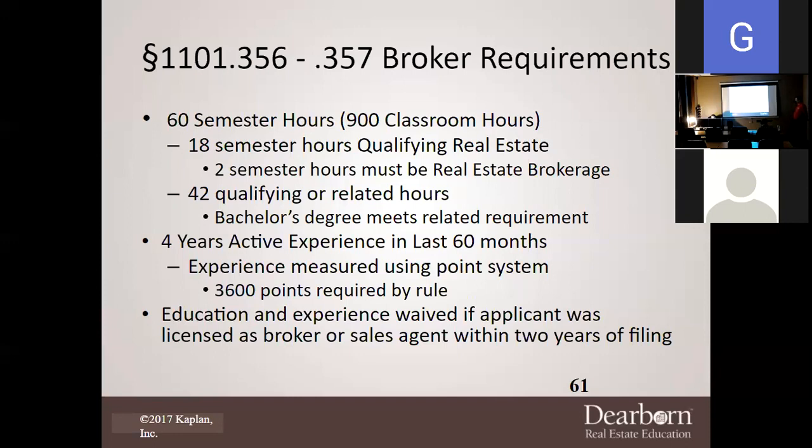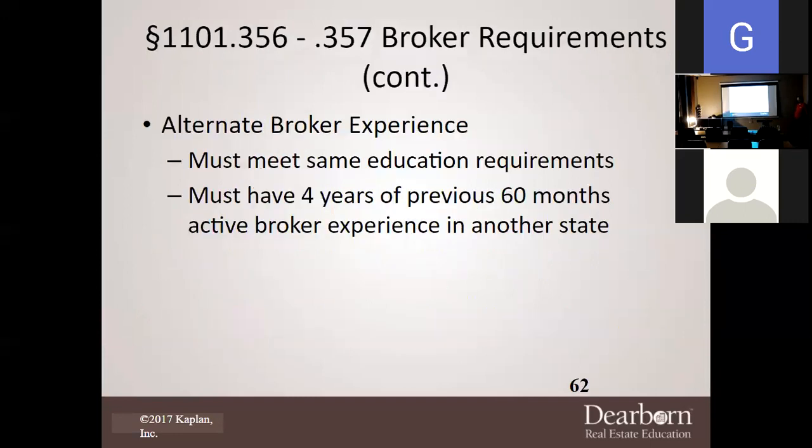The education experience can be waived if an applicant was a licensed broker or sales agent within 2 years of filing, okay? But again, it's very difficult to get through that last option, the last resort.